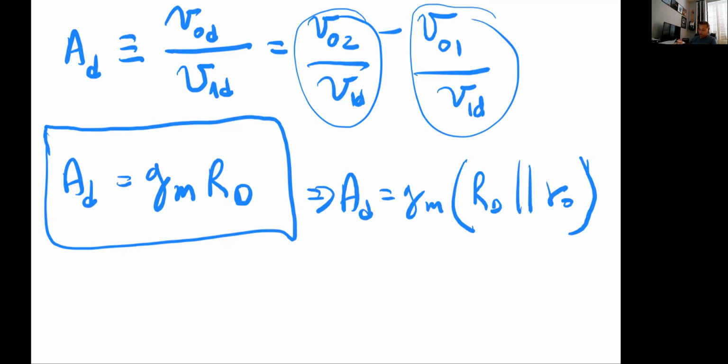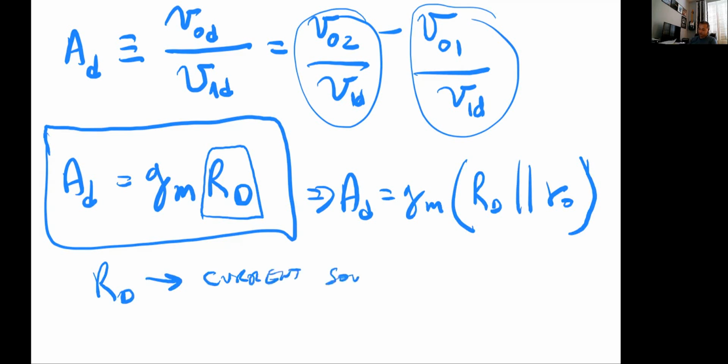Just remember that even though we've been talking about this RD and the schematics have a resistor, in reality it's very important to keep in mind that RD is really a current source load. It's not a real resistor.